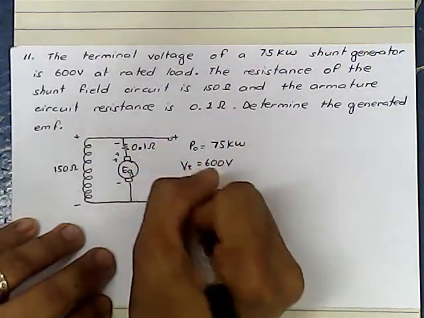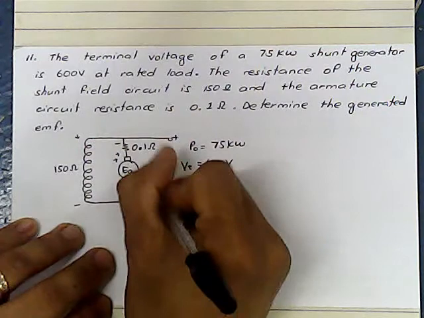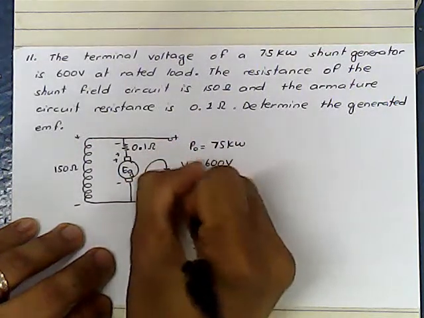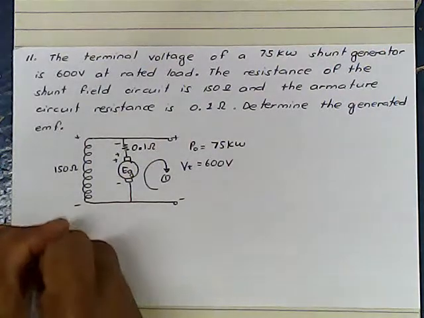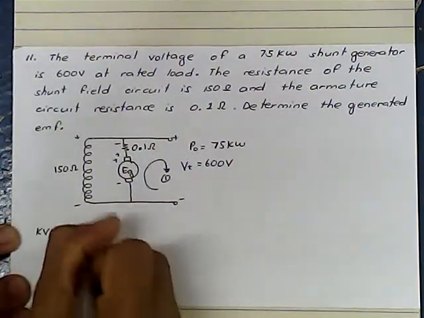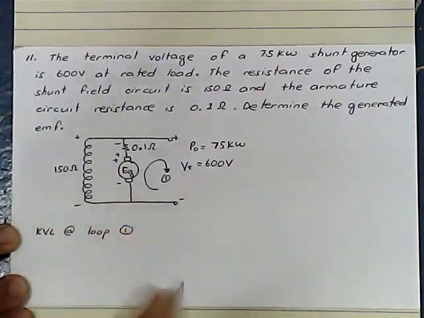So, in order to determine EG, puntahan po natin yung loop natin dito, that is loop number 1. So, lagay lang po natin dito KVL at loop 1.